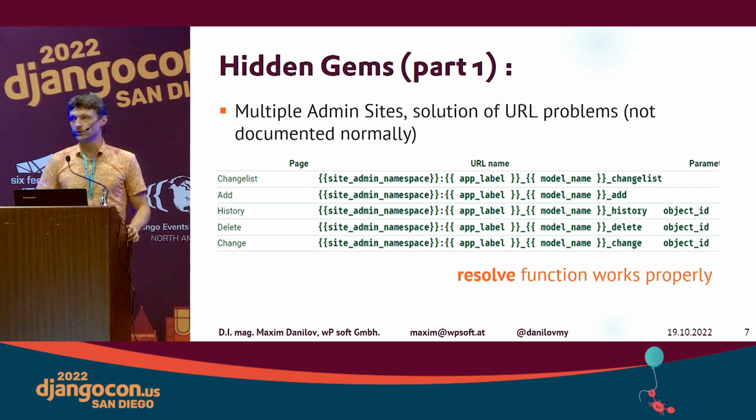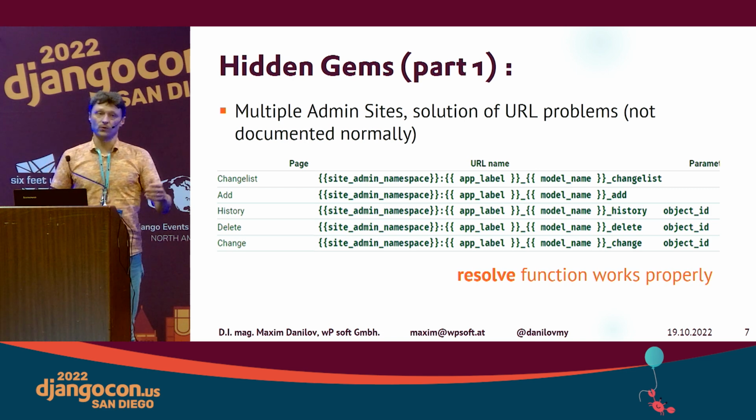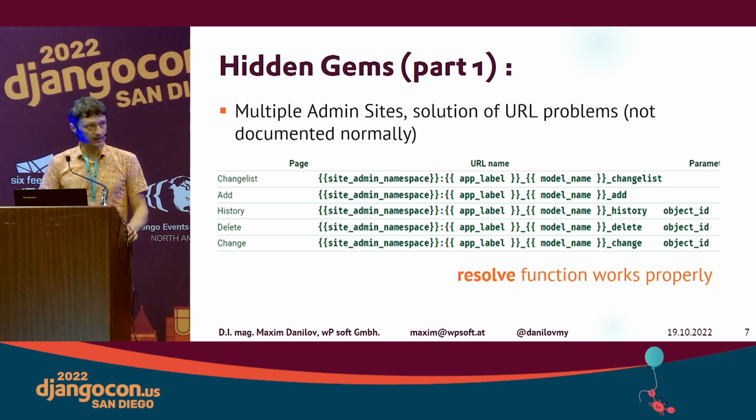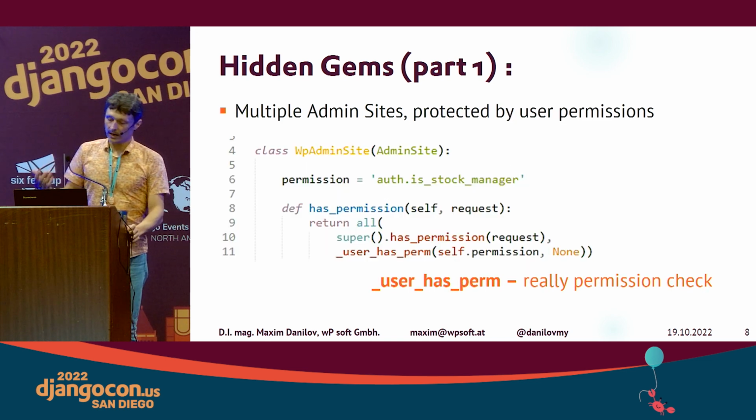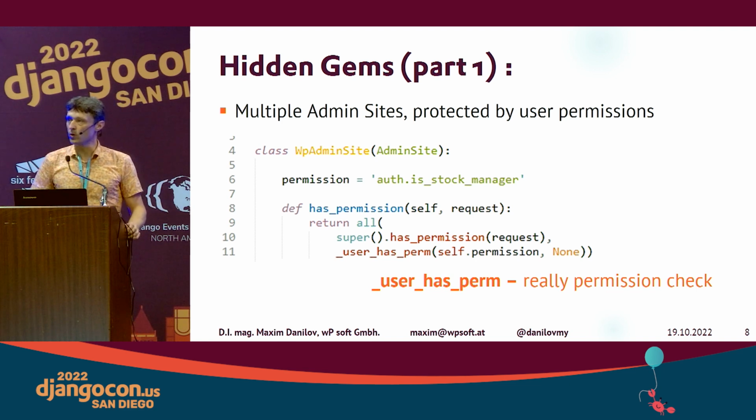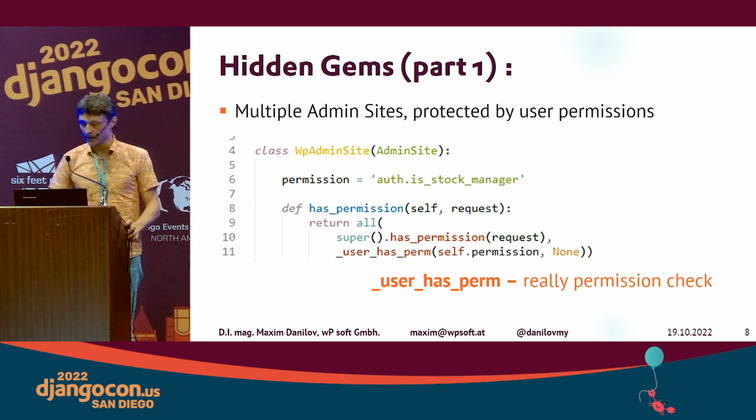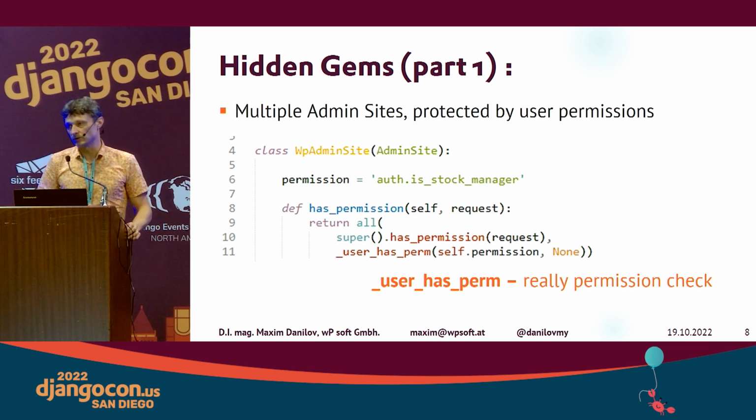We should always use the site admin namespace everywhere, and of course I understand that the default Django templates in Django.contrib.admin should be overridden. Also, I showed how we can use permission-based access to admin URLs, and there I use a special function from Django, user has perm.